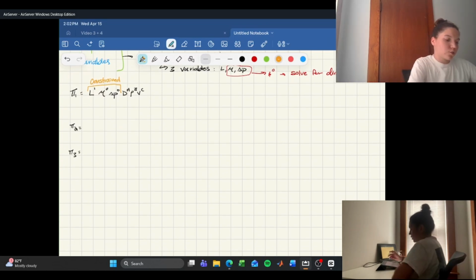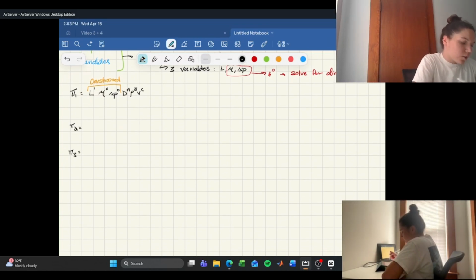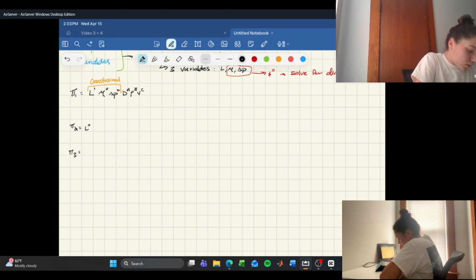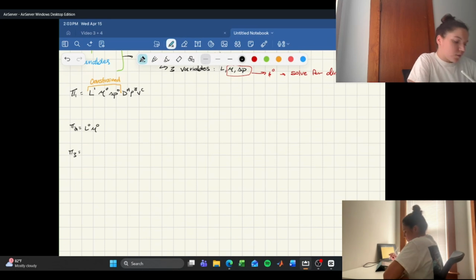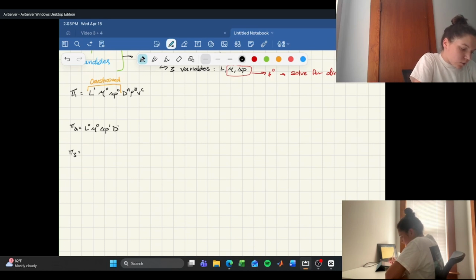So now we can write in the other pi equations. This is going to be the length to the 0 power this time. Let's do the viscosity to 0 again. This time let's do delta P to the first power. And then the exponents have to change again.